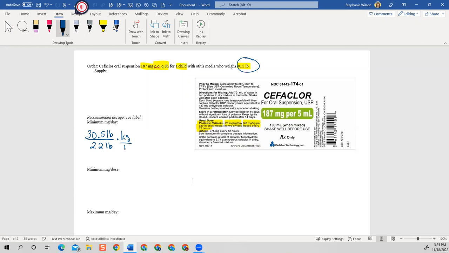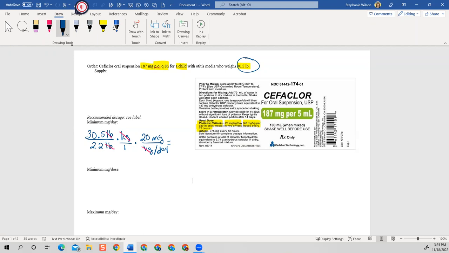I'm going to put it over 1 because I want to factor in the 20 milligrams per kilogram per day. Sometimes when you divide the patient's weight by 2.2, you get a lot of decimal places, and you don't want to round because it could be crucial. So I'm not going to round here. I'm going to mark out my units to make sure they reduce. Some of you will see a shortcut here, and that's fine too.